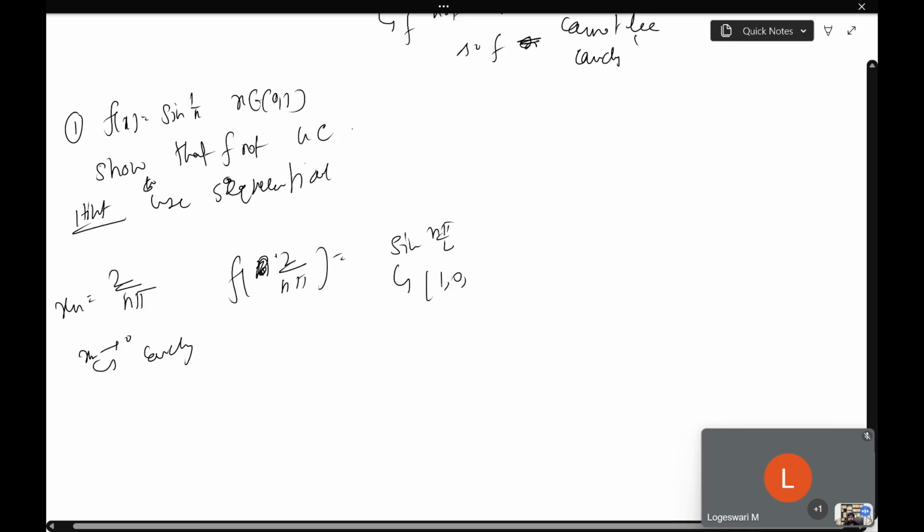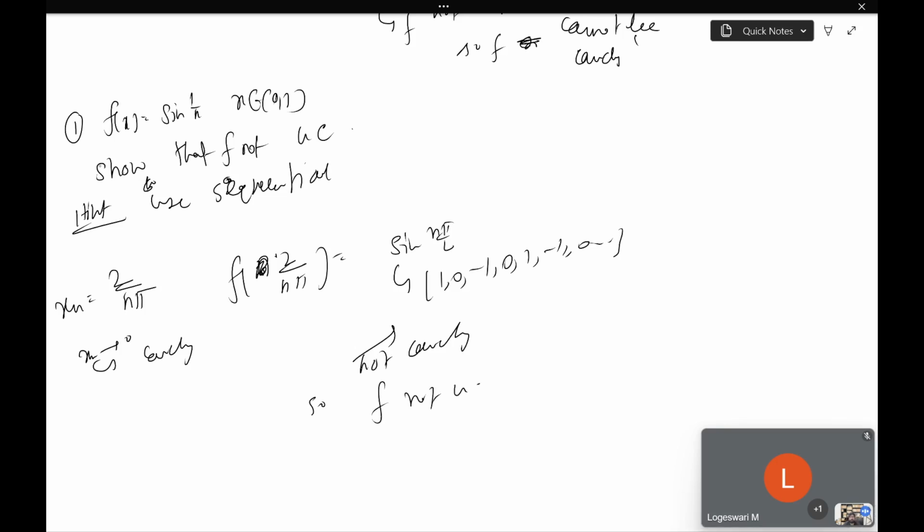The sequence is 1, 0, minus 1, 0, 1, 0, minus 1. So this is obviously not Cauchy. So f is not uniformly continuous.